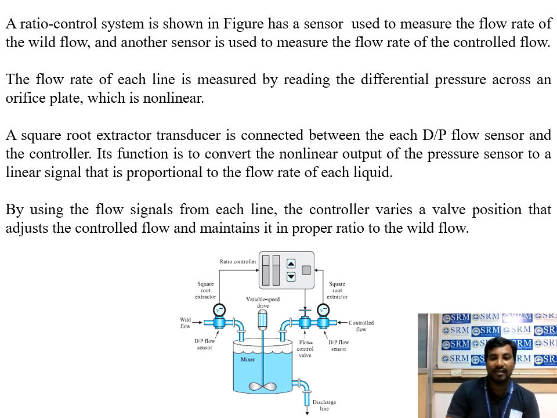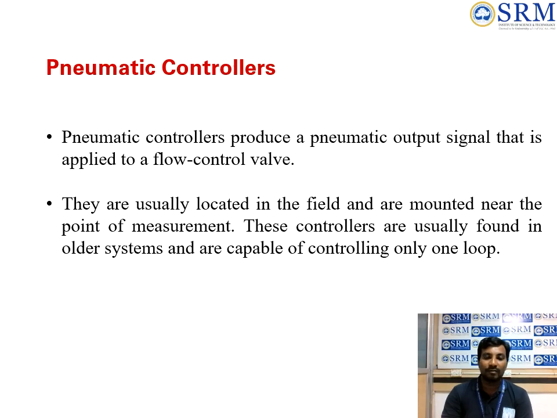A square root extractor transducer is connected between the DP flow sensor and the controller. Its function is to convert the non-linear output of the pressure sensor to a linear signal that is proportional to the flow rate of each liquid. By using the flow signal from each line, the controller varies the valve position that adjusts the control flow and maintains it in proper ratio to the wild flow.